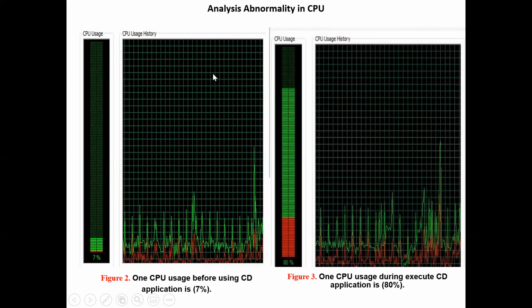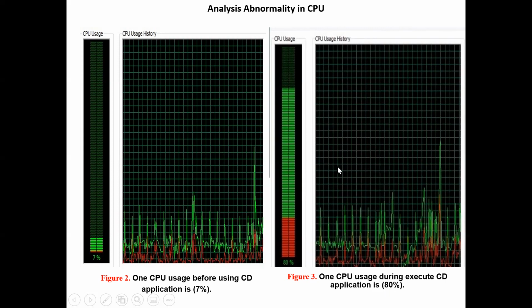This is some analysis we did through our test. When we use the credential dumping technique and when we use normal applications, this is the one CPU we used in our test. The CPU usage before the credential dumping technique was 70% utilization. When we used Mimikatz and GSecDump, specifically this test was Mimikatz, the utilization of the CPU became 80%.